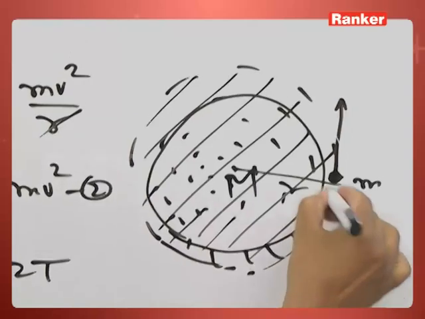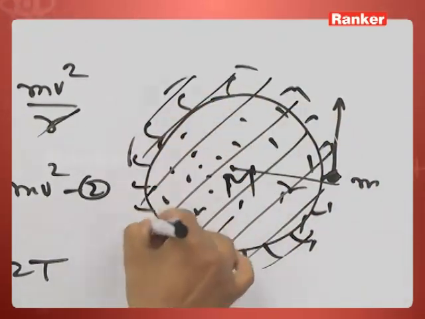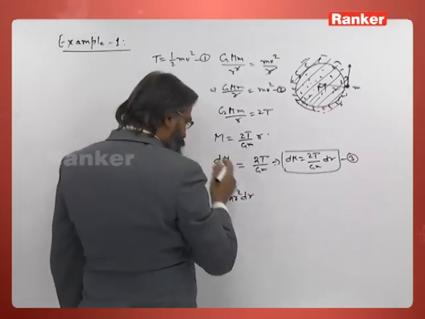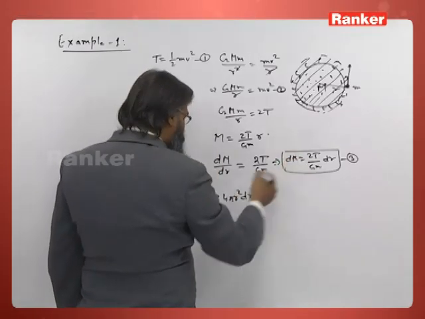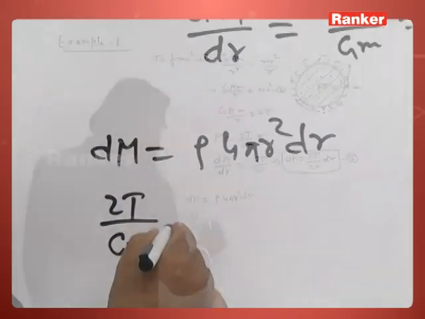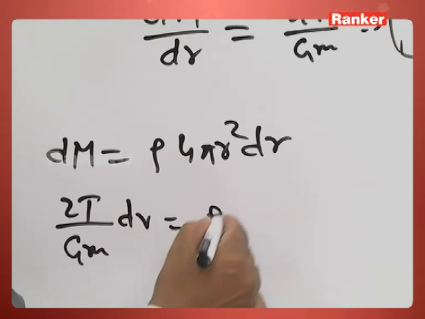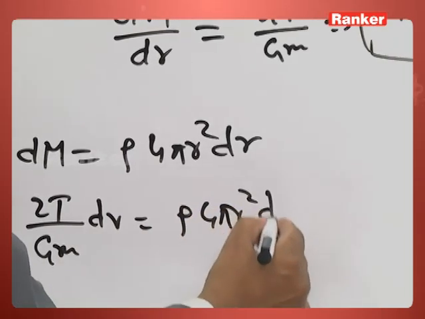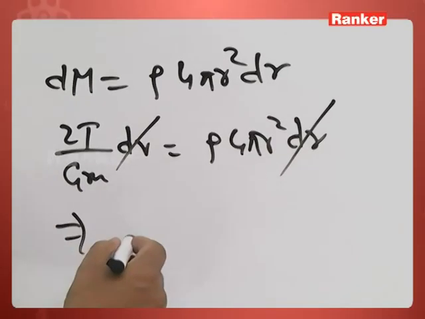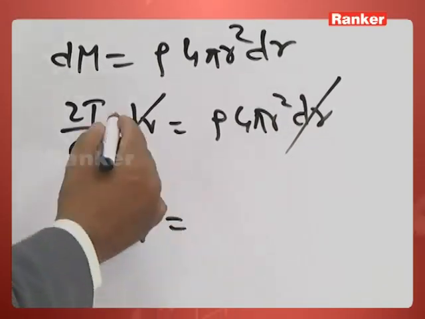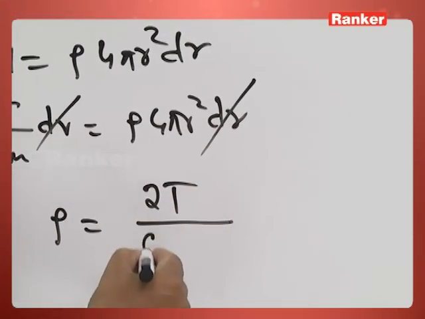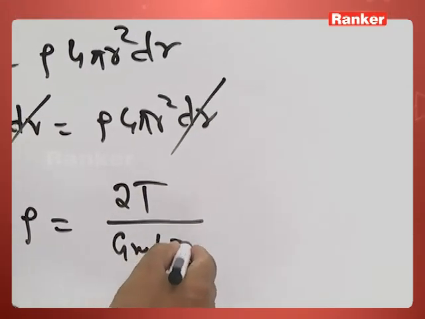So, we put this dM here: 2T by Gm dr is equal to rho 4 pi r square dr. Here dr cancels and we get the mass density as 2T by Gm 4 pi r square.